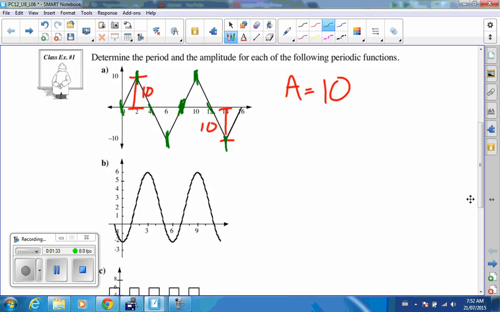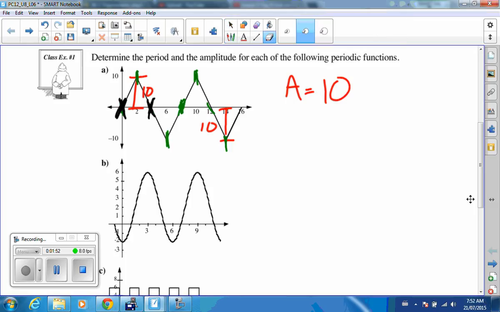Any of those will work. Usually peak to peak and trough to trough are the best. People will sometimes make the mistake of going from midline to midline, but here I've gone from midline going up to midline going down. So the graph hasn't actually gone through a complete period.